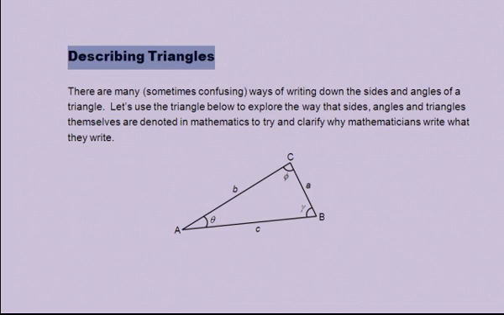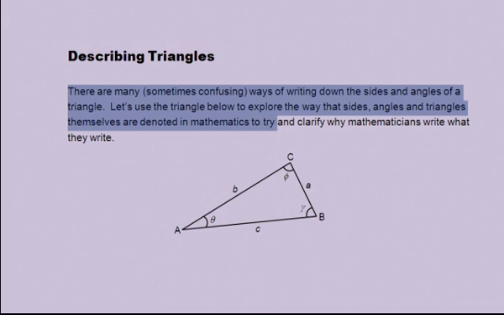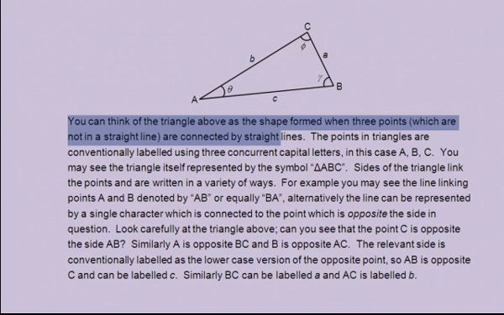Describing triangles. There are many, sometimes confusing ways of writing down the sides and angles of a triangle. Let's use the triangle below to explore the way that sides, angles and triangles themselves are denoted in mathematics to try and clarify why mathematicians write what they write. You can think of a triangle as the shape formed when 3 points, which are not in a straight line, are connected by straight lines.